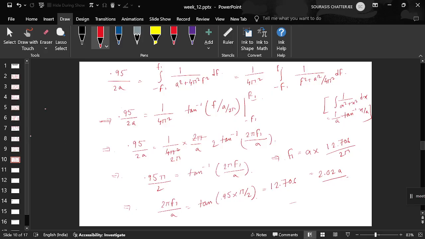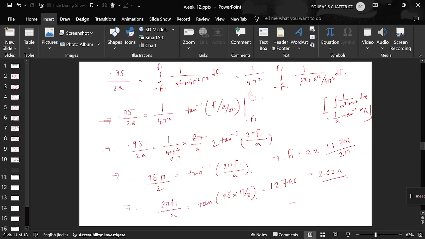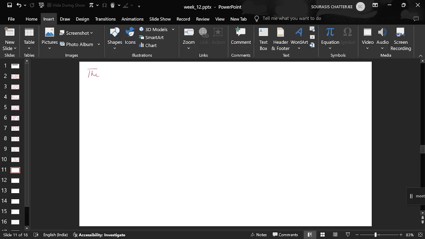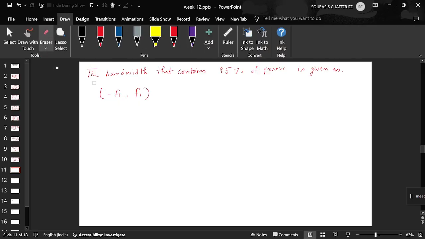So, introduce another slide here. The bandwidth that contains 95% of power is given as, we earlier assumed, minus f1 to f1, and then we obtain the value of f1 here, minus 2.02 A to 2.02 A, where A is equal to, as given in the question, 10 kilohertz.